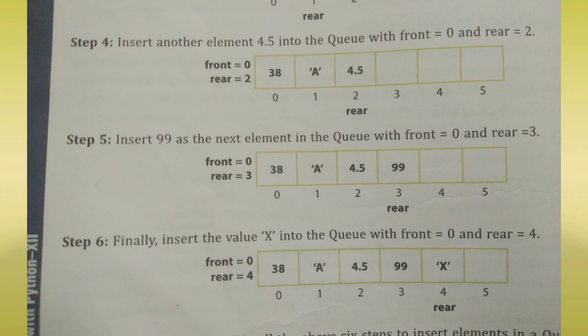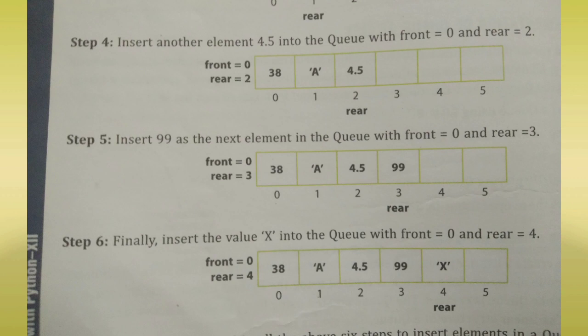In step 5, insert 99 as the next element in the queue with front equal to 0 and rear equal to 3. Front remains 0 and rear is incremented by 1. Now rear equals 3 and the value 99 is inserted at index 3. In step 6, finally we insert the last value, X, into the queue with front equal to 0 and rear equal to 4.